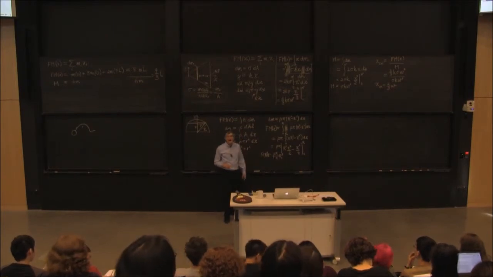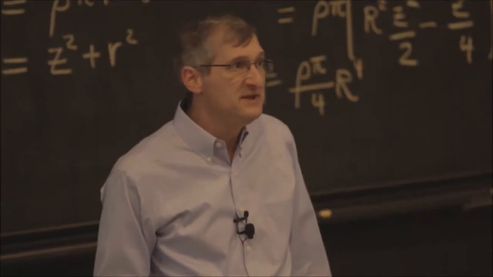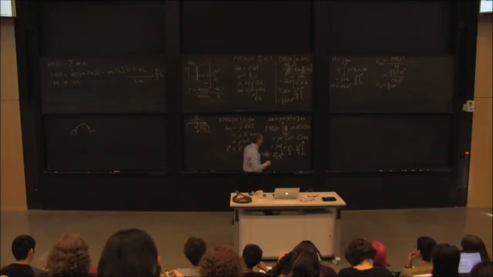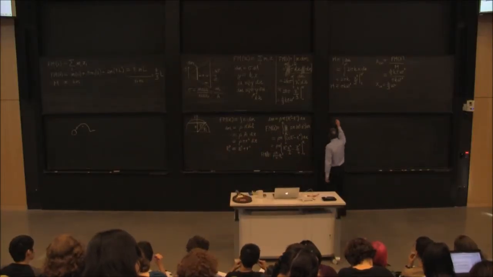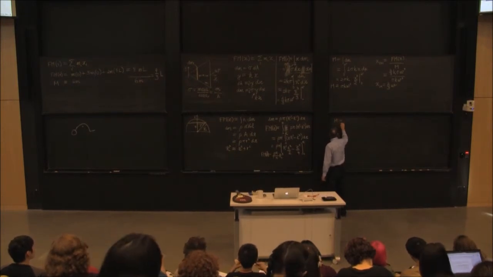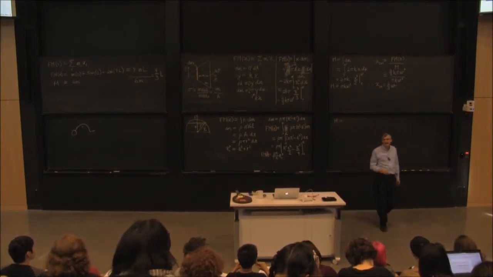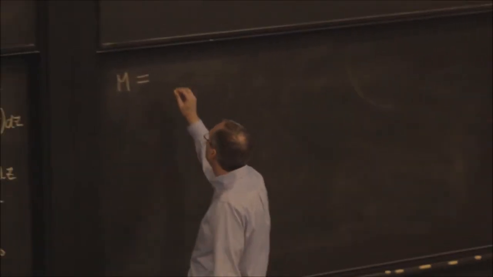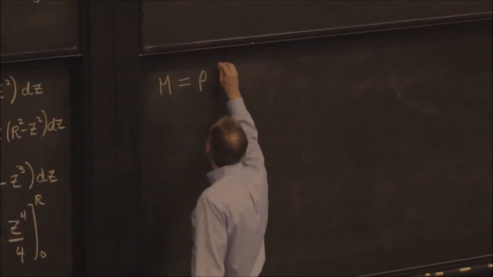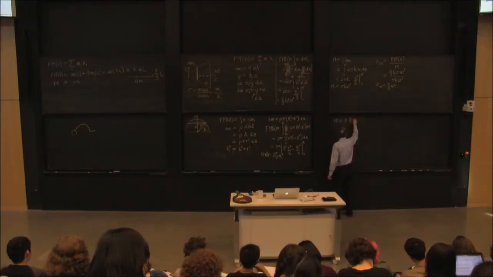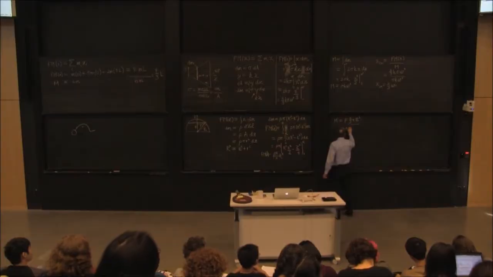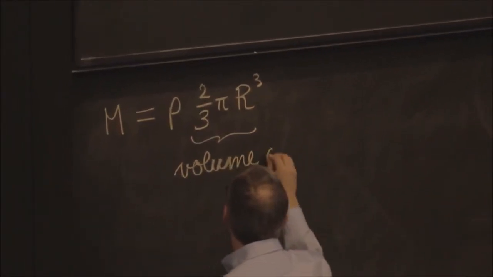Okay, and what about, let's be clever, how about the mass? What's the mass? I don't want to do another integral. What's the volume of a hemisphere? Okay, 2/3 pi R cubed. That's the volume of half a sphere.